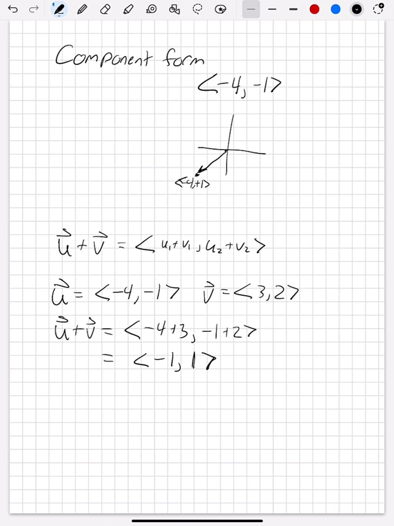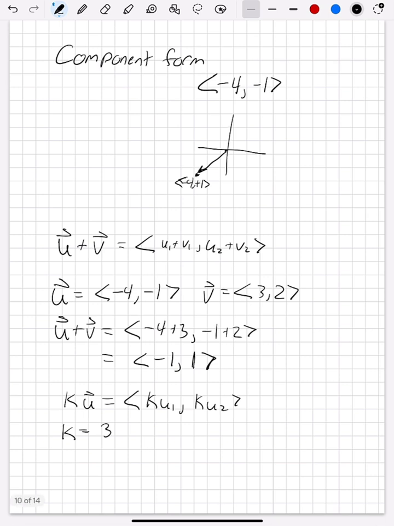All right. The other operation that we can do with vectors is scalar. With scalar, we scale it up or down, so we multiply. So I get k times the first component of u, and then k times the second component of u. Let's say k is equal to 3.